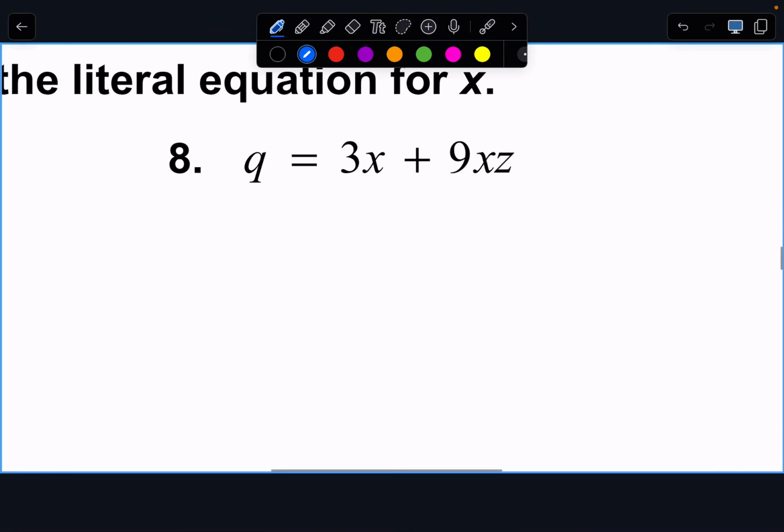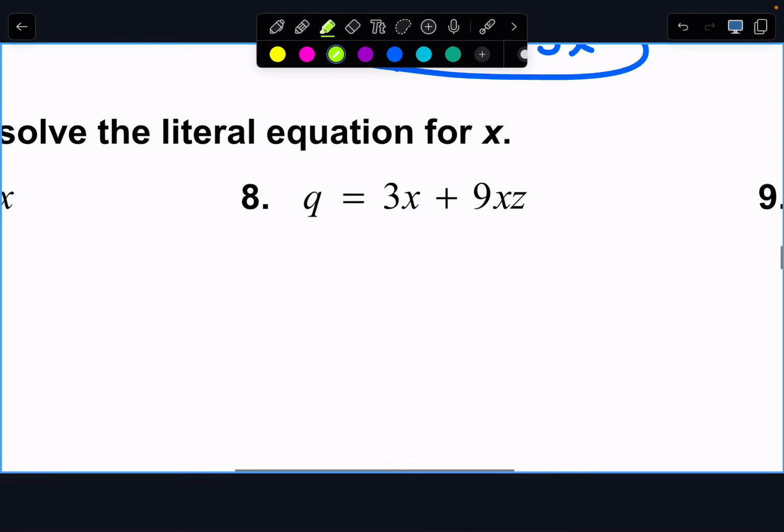We're gonna look at number 8. And it says solve the literal equation for x. I'm a little nervous because there's 2 different x's.